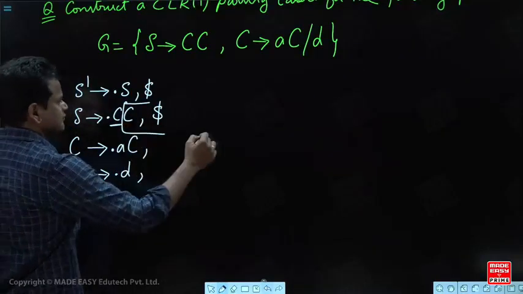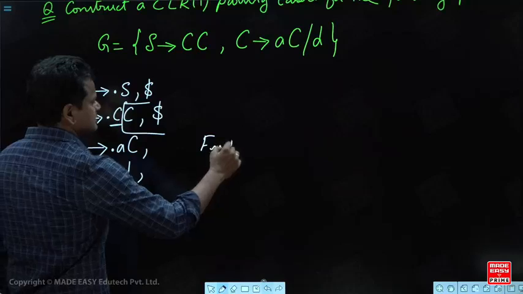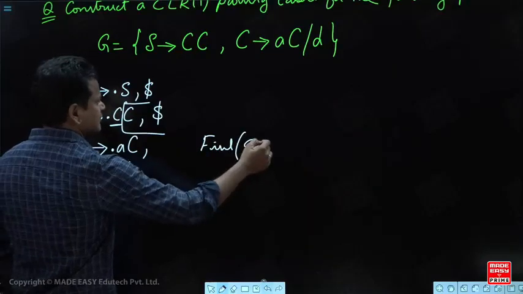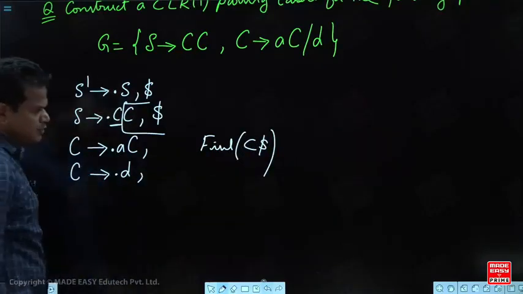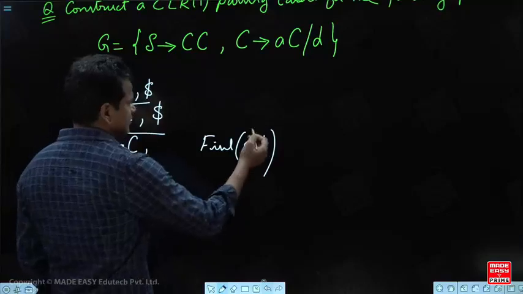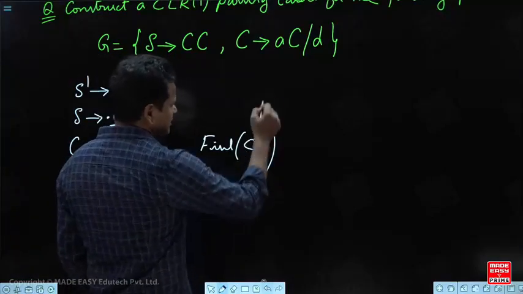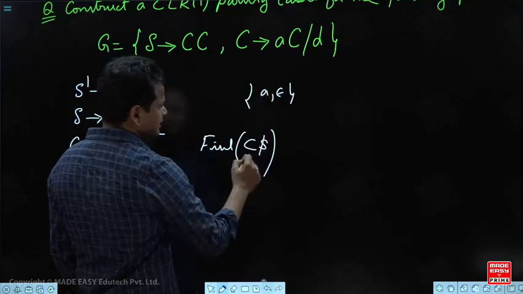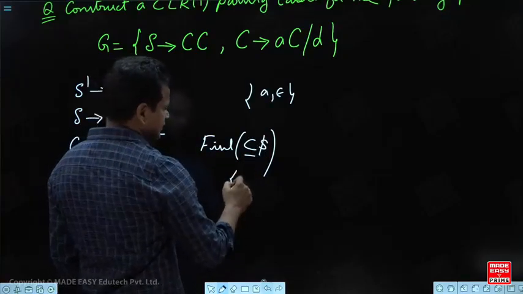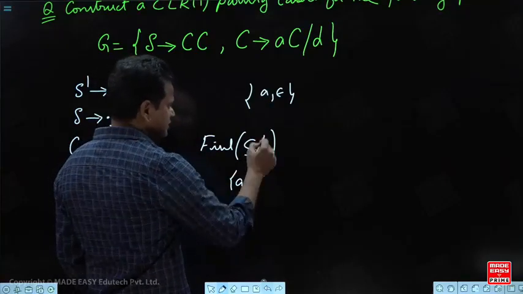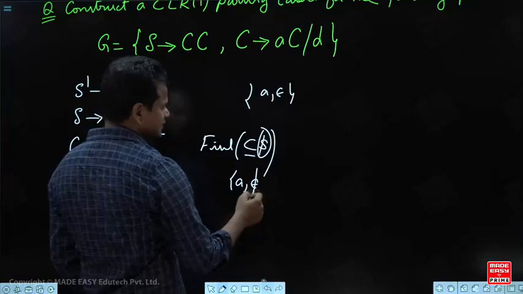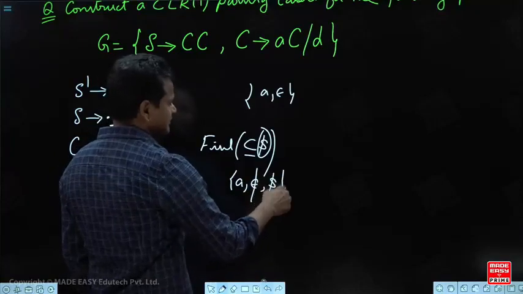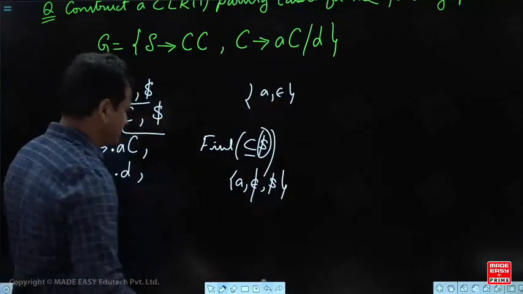C. So first of C followed by dollar. Suppose first of C is A comma epsilon. Then what must we do? Delete the epsilon, then take the union of this one. Then what will you get? A comma dollar you will get. That is the meaning of this one.